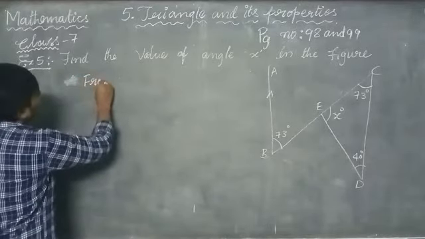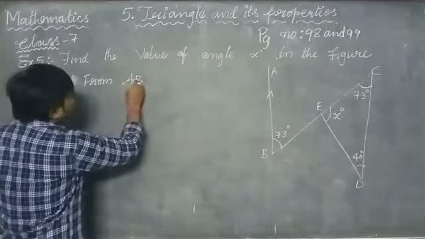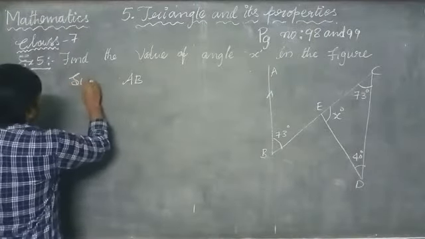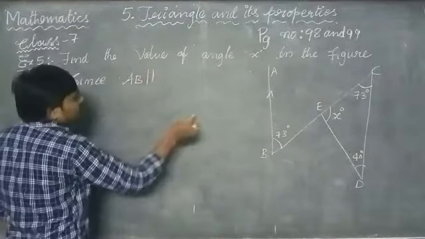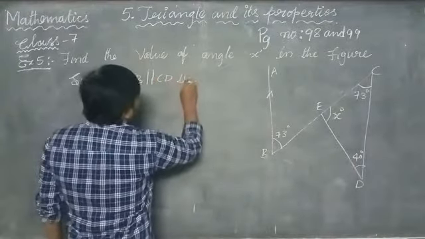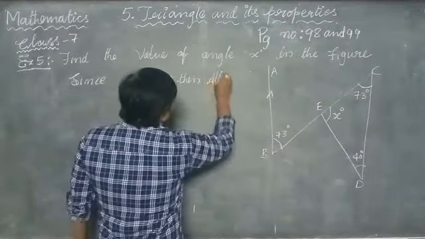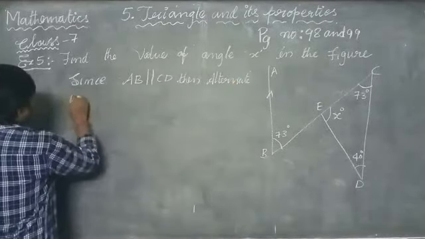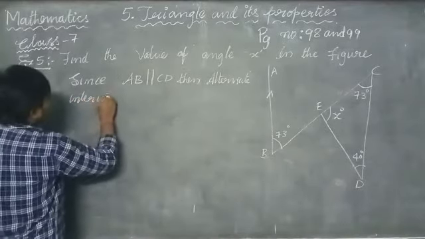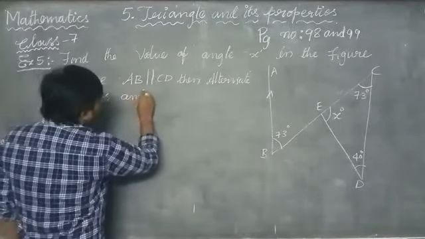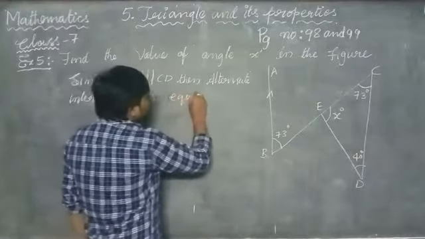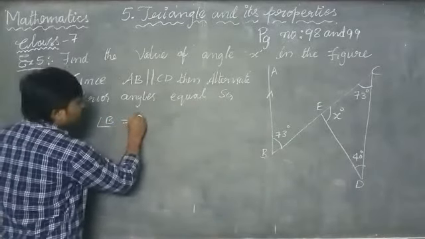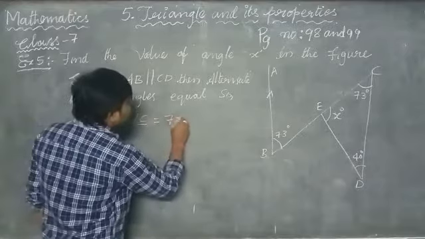Since AB is parallel to CD, alternate interior angles are equal. So angle B equals angle C equals 73 degrees.